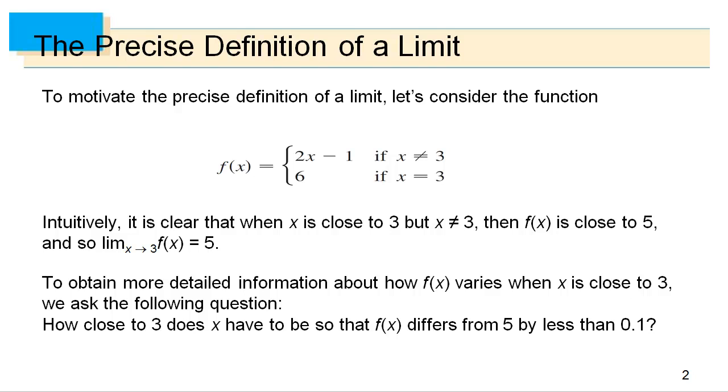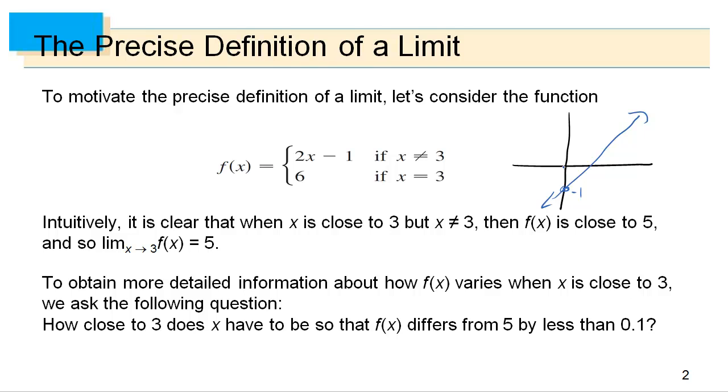Now, of course, that means that if we were to graph this function, it would look something like this. 2x minus 1, about like that, right? It's down here at minus 1.